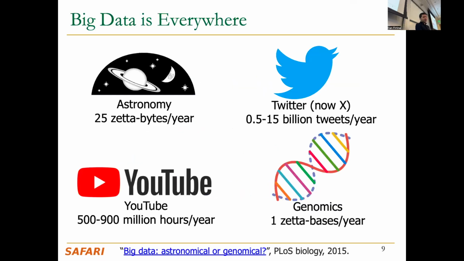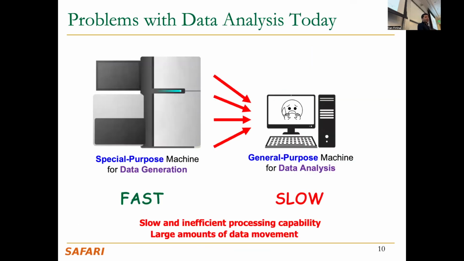The reason for that is that we're generating big data, everywhere, on many platforms such as social media, genomics, and astronomy for scientific purposes. The speed at which we generate data is far outpacing the speed at which we can process it.